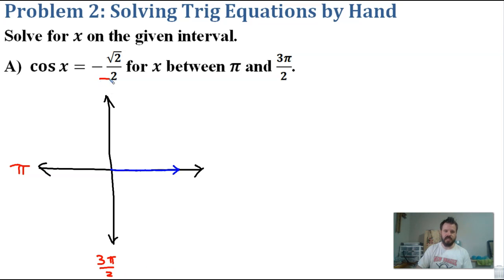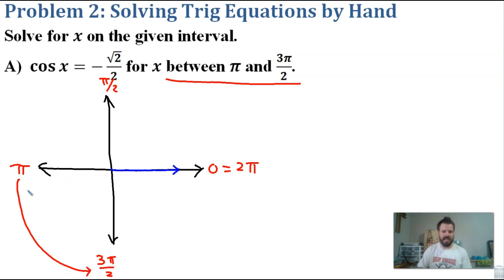I suppose we could also say up here is pi over 2 for 90. 0 is the same thing as 2 pi. So I want my solution between pi and 3 pi over 2. In other words, I want my solution to be in this third quadrant here. Okay, so the angle we're talking about, the x we're looking for, is going to be one that puts us into this third quadrant. All right, that's my x.